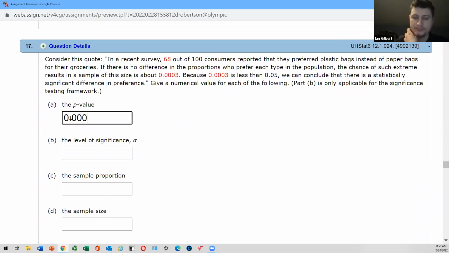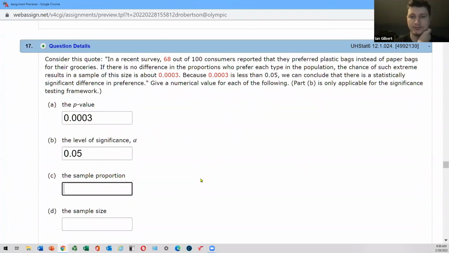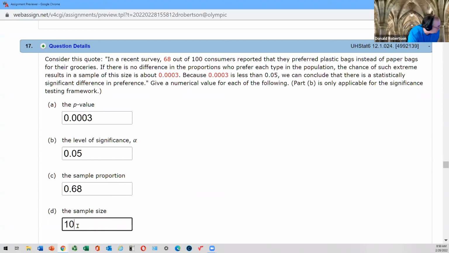Yes. Now the level of significance, I've already said that one, isn't that the 0.05? Sample proportion. What would be the... Oh, agreed. I was going to say p hat. Is that guy right? 68 out of 100. The sample size, hopefully that one's kind of trivial, right?